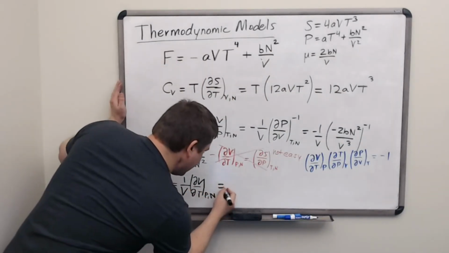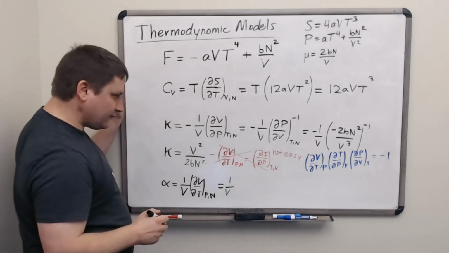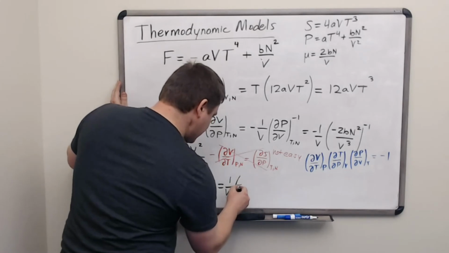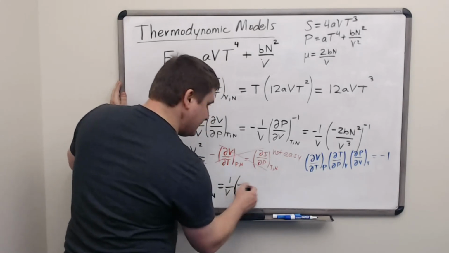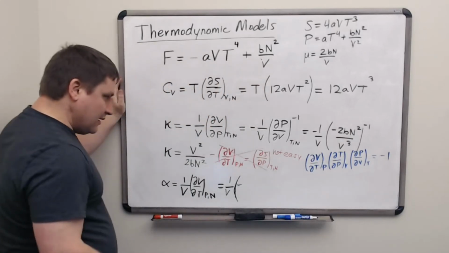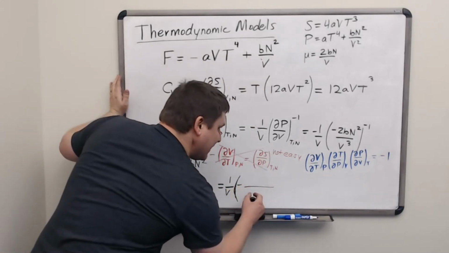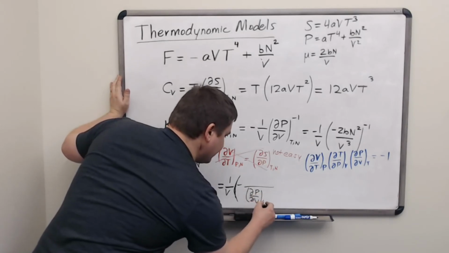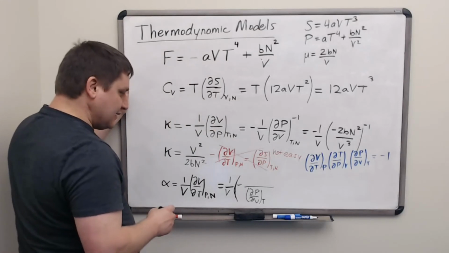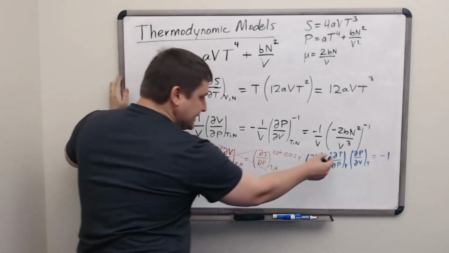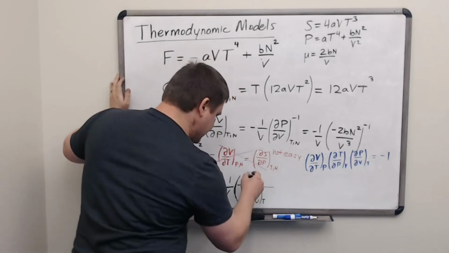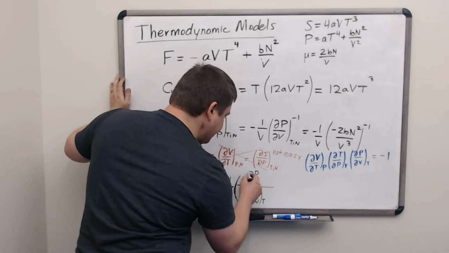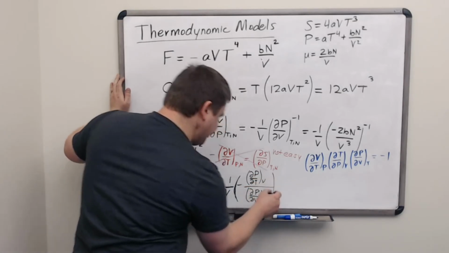I've got my 1 over V out front. Then I'm going to have my negative sign from the identity. I'm going to divide both sides by the dP/dV at constant temperature. And I will move the dT/dP to the other side and also use the inverse rule. So it will be dP/dT at constant volume.